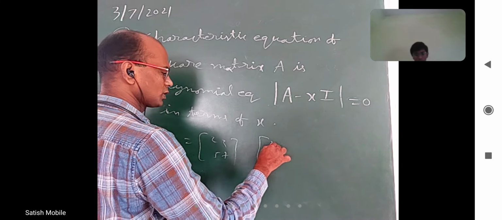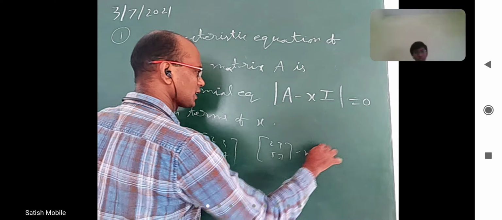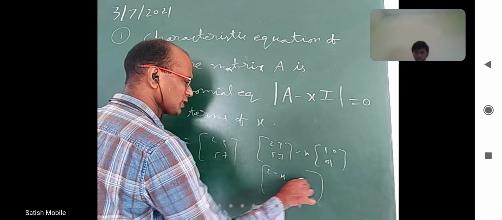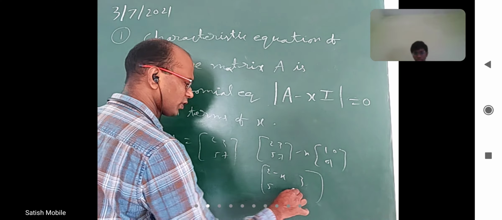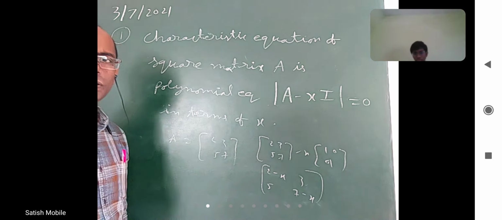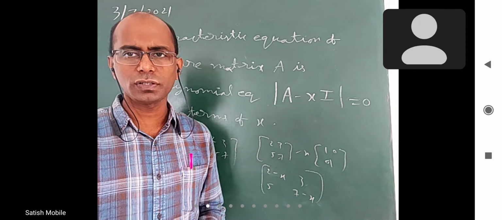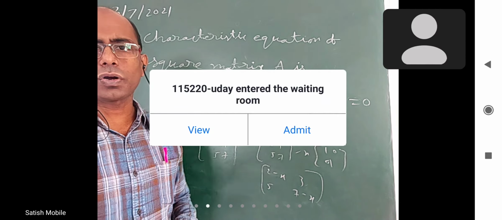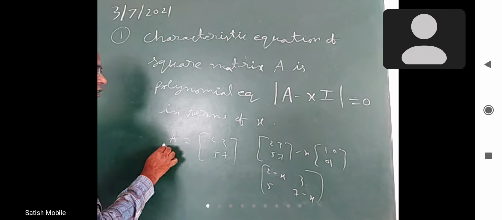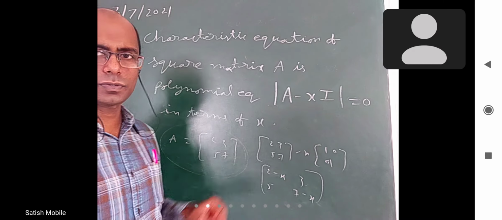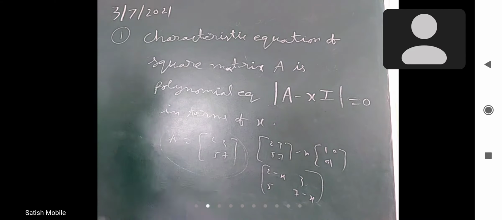Then A minus x times 1, 0, 0, 1 gives me 2 minus x, 3, 5 and 7 minus x. Now if I take the determinant, this into this minus this into this, it will give me a quadratic equation. That quadratic equation is the characteristic equation of this 2 by 2 matrix. We will do an example, but first you write this.